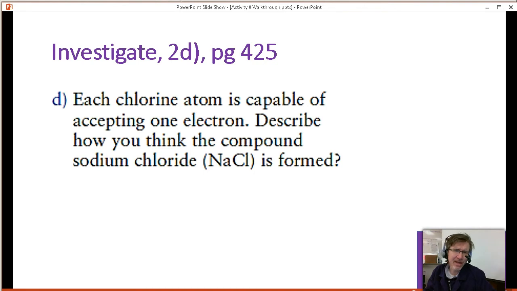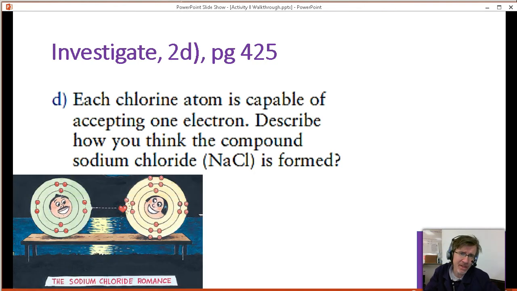All right, so check this out. Here's a quick hint. You remember this little picture we had? The sodium chloride romance. Sodium has 11 protons, which means for a neutral atom it has 11 electrons.